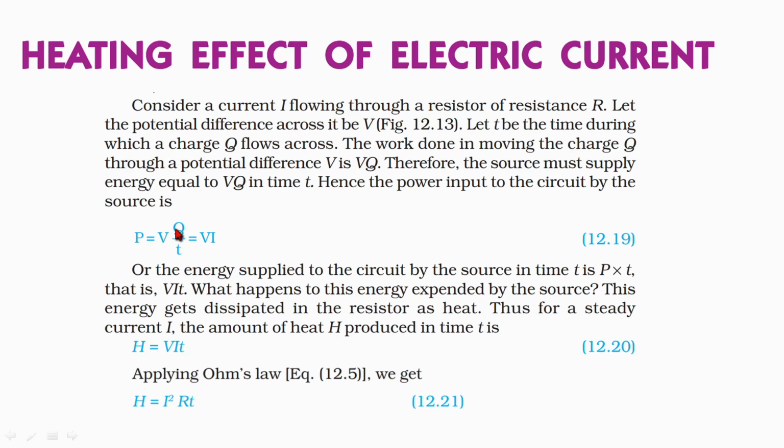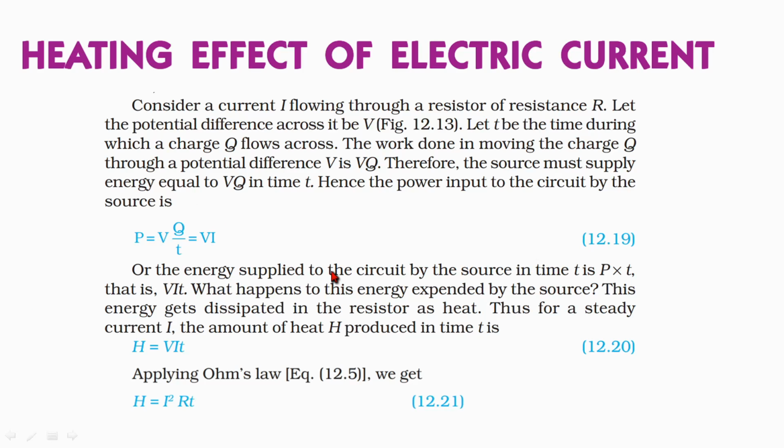Power is equal to the rate of work done, VQ over T. Therefore the source must supply energy VQ in time T, so the power input in the circuit by the source is VQ by T. Q by T, the rate of flow of charge, is I. So the power is equal to VI. This is how this equation comes, and it is a very important equation: power is equal to VI.